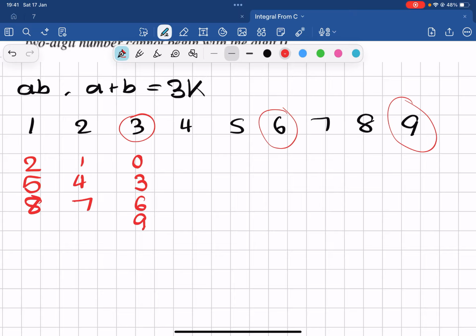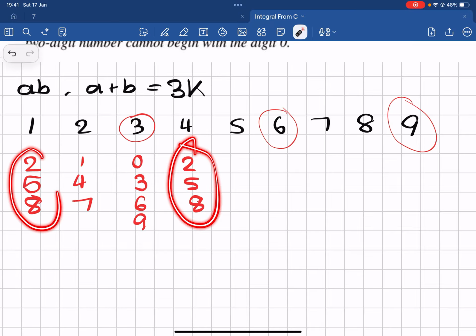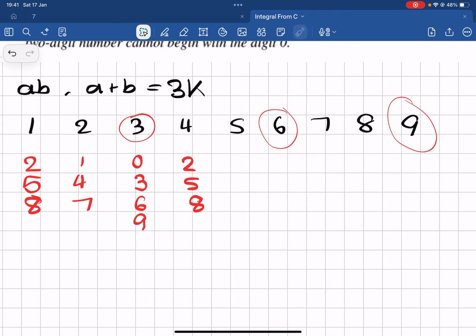Now 4: the next two-digit number is 41, then plus 3 is 44, 47. Notice how this list here is the same as here. So we're expecting 147 to be our next set of last digits.